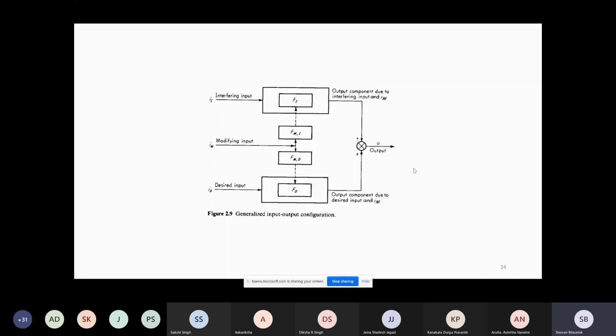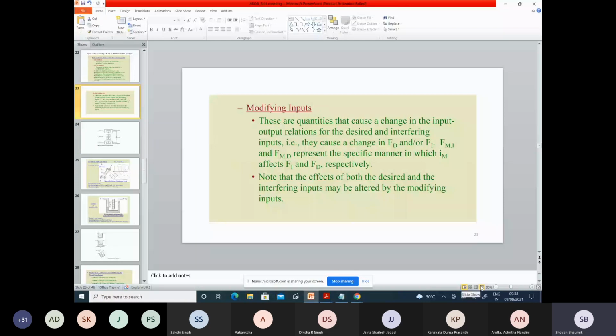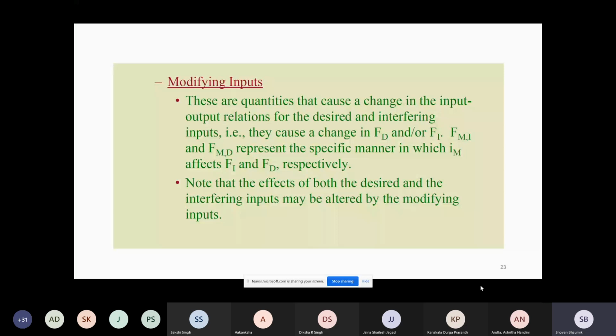So again, I am telling you what the modifying input is. Modifying inputs are the quantities that cause a change in the input-output relations for the desired and interfering inputs, meaning that they cause a change in FD or FI. FMI and FMD represent the specific manner in which IM affects FI and FD respectively.